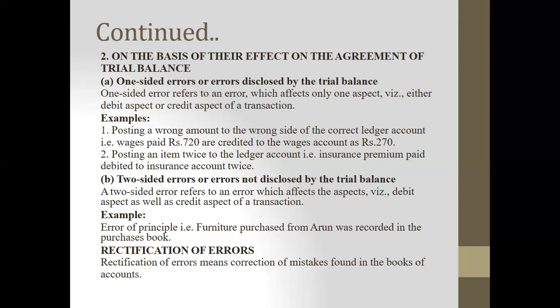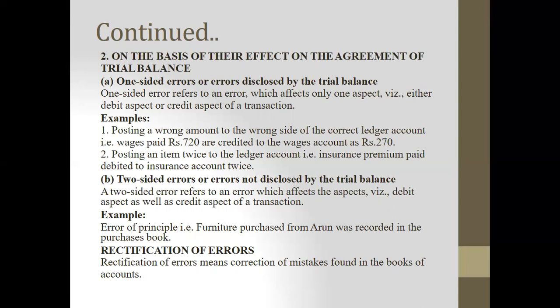And the second one is two-sided errors, or errors not disclosed by the trial balance. A two-sided error affects both the debit aspect as well as the credit aspect of the transaction. Now, rectification of errors means correction of mistakes found in the books of accounts.